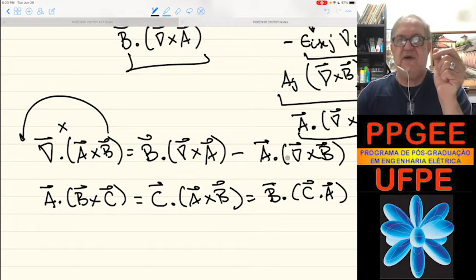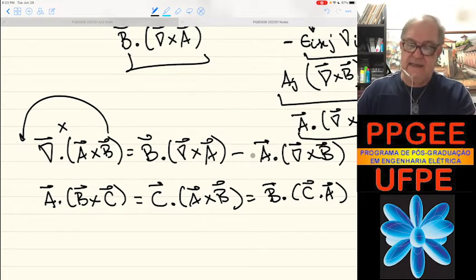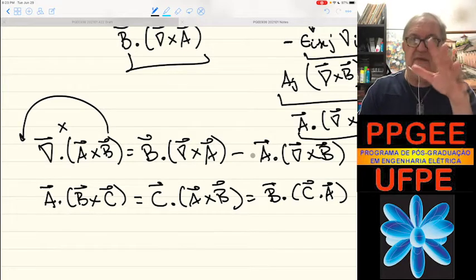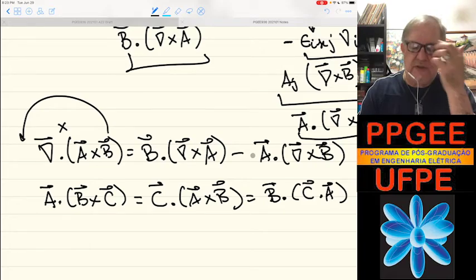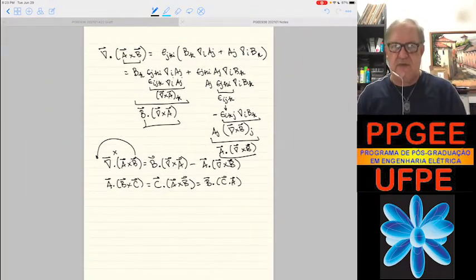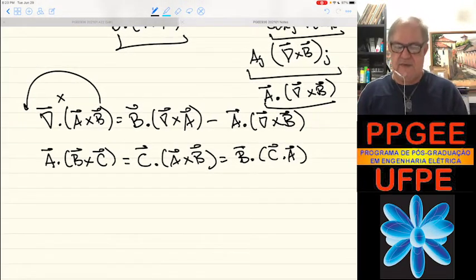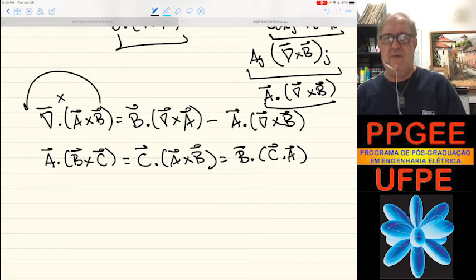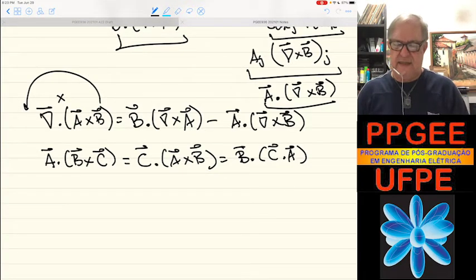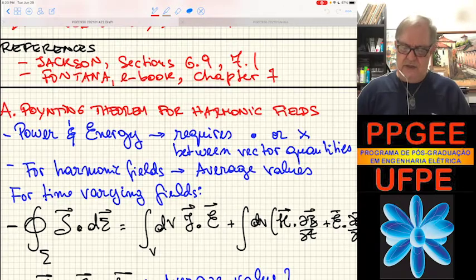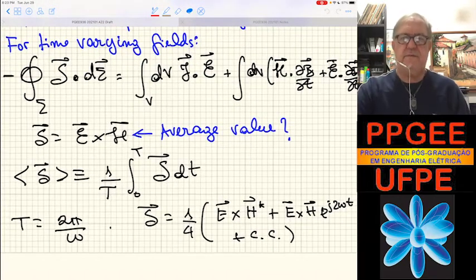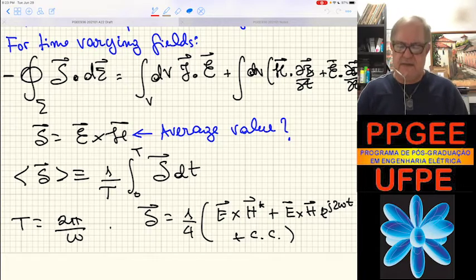Then you change the position of a, b, you have minus. That's the rule, okay? So we always use this identity. We never demonstrate it, but it is easy to demonstrate. There are some more complex ones that are more difficult, but those are simpler. So going back to our lecture notes, let's look at Poynting's theorem.